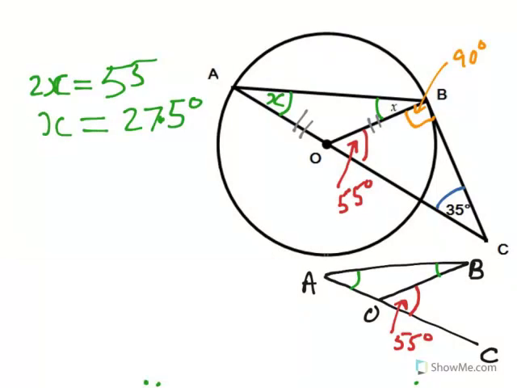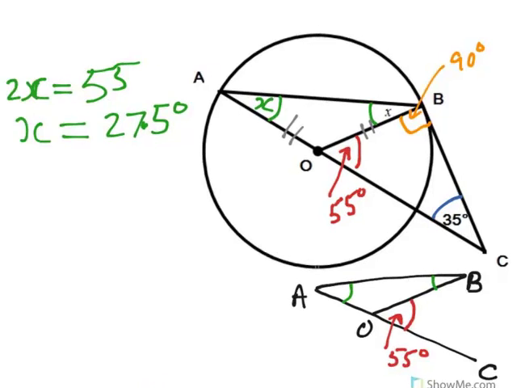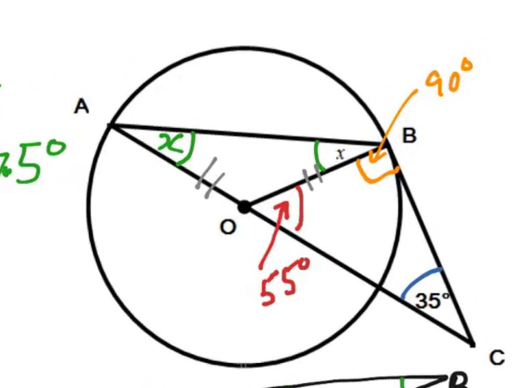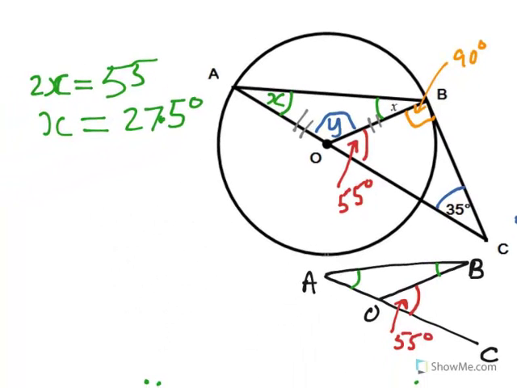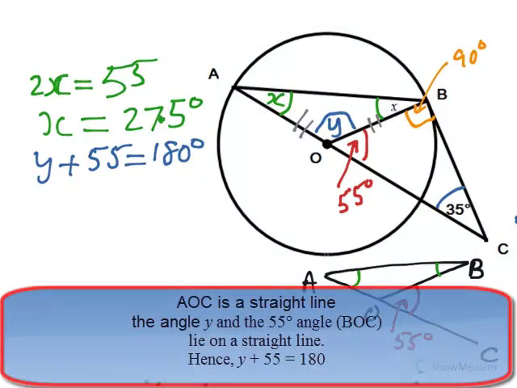Right. Well, you could argue that we don't need to know that. We could find this angle here, which I'll call y. AOC is a straight line, so y plus 55 add up to 180. So angles in a straight line, when they share a common vertex, add up to 180. The reason straight line would do.